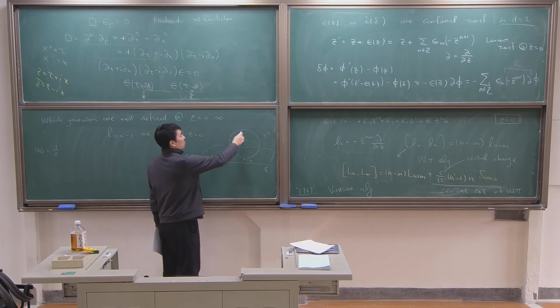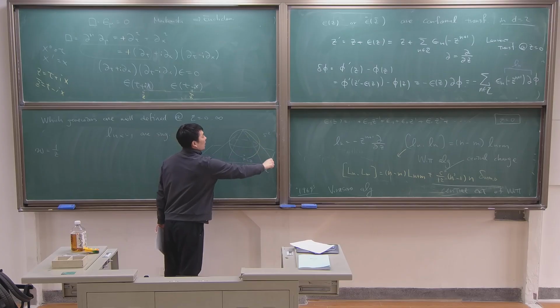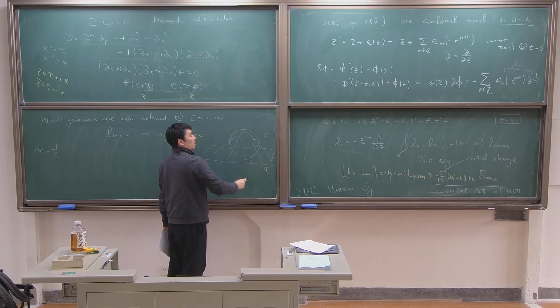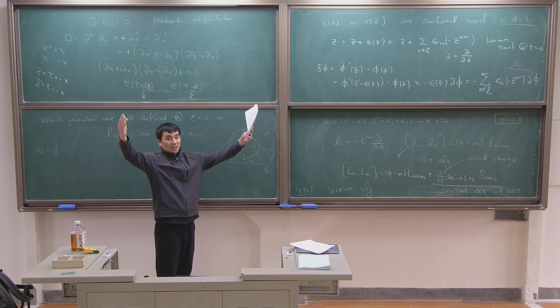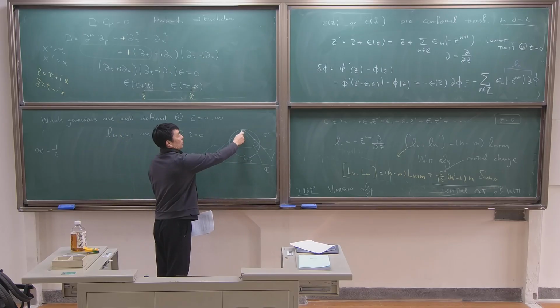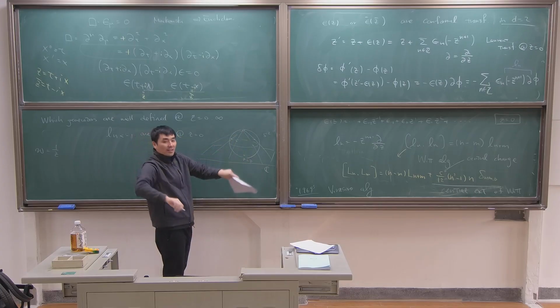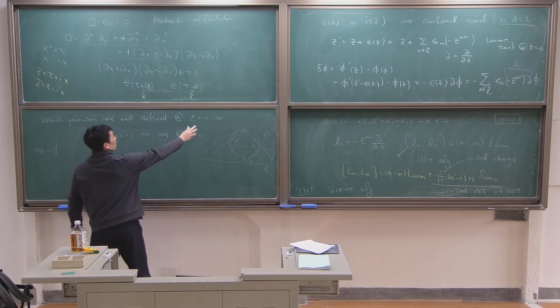You can map each point in S2 to C, except the north pole. The north pole corresponds to the infinity of C, because if you go closer to the north pole, everything goes to infinity. So the north pole corresponds to z equal to infinity.